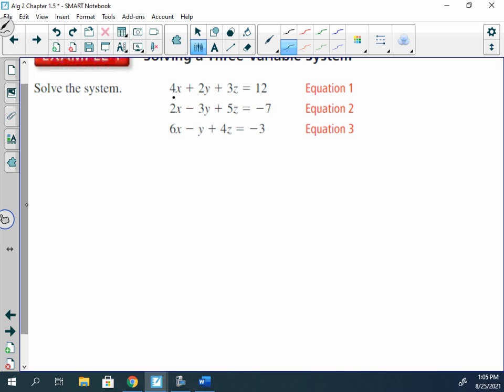What about y? One of them is going to be the best out of all of them, I think. 1y, isn't it? Because if I want to get 1y to be the same as 3y, I just multiply it by 3. If I want to get 1y to be the same as 2y, I just multiply it by 2.